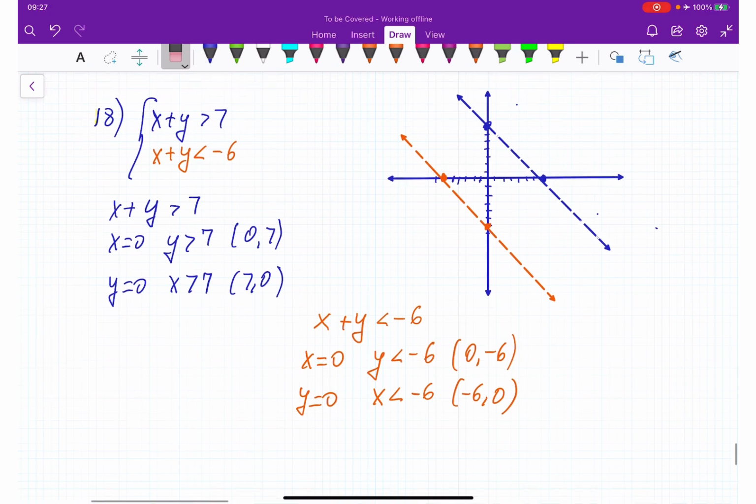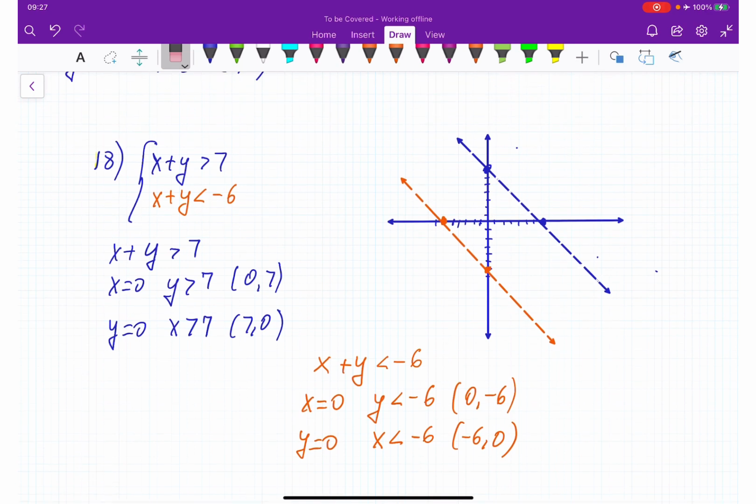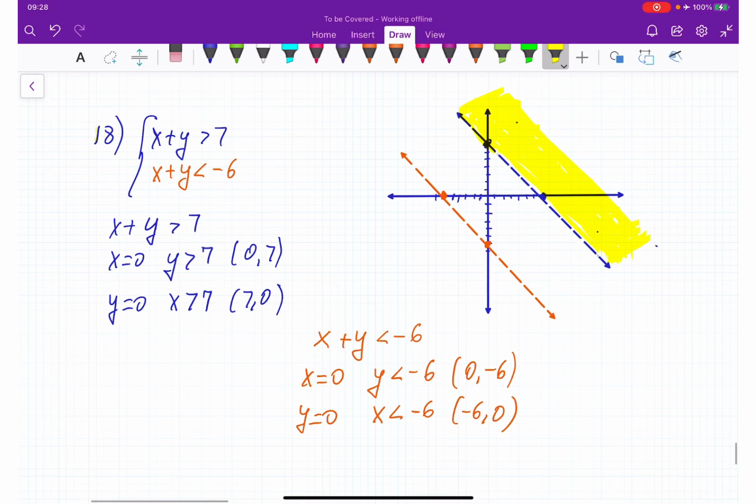So let's see. y is greater than 7, so it's gonna go like this. x is greater than 7, it's gonna go like this. Which means we are shading this way, right? Okay. Next. y is less than negative 6.